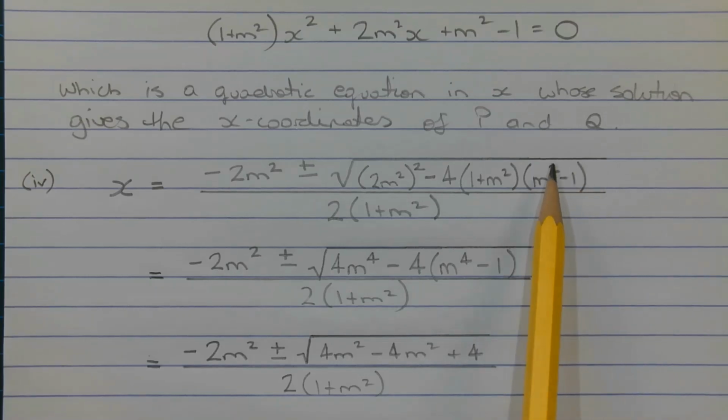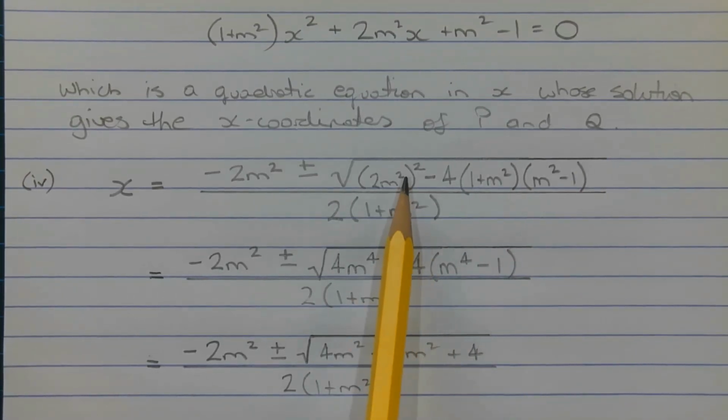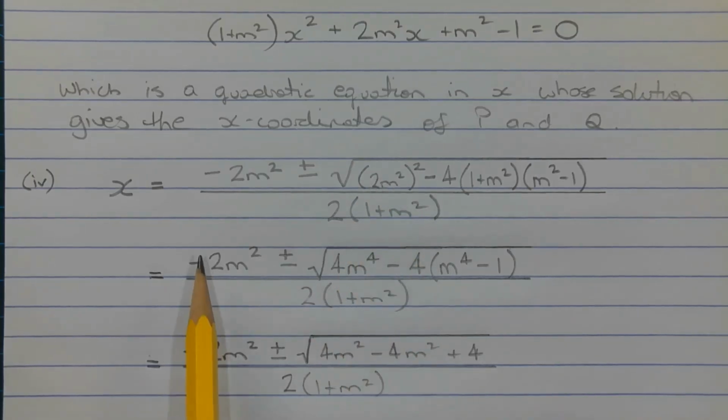So expanding the brackets here using difference of two squares expansion, and also expanding the brackets here as well, we get x equals negative 2m squared plus or minus the square root of 4m to the power of 4 minus 4 times (m to the power of 4 minus 1), all over 2 times (1 plus m squared).